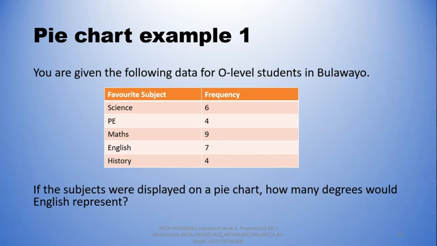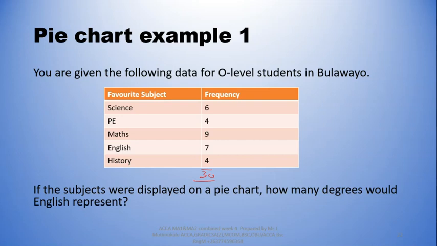All right. So we have got science, physical education, maths, English, and history. So you need to add these frequencies and you must get a total of 30. That's 6 plus 4, 10, plus 9, 19, 26, 30.